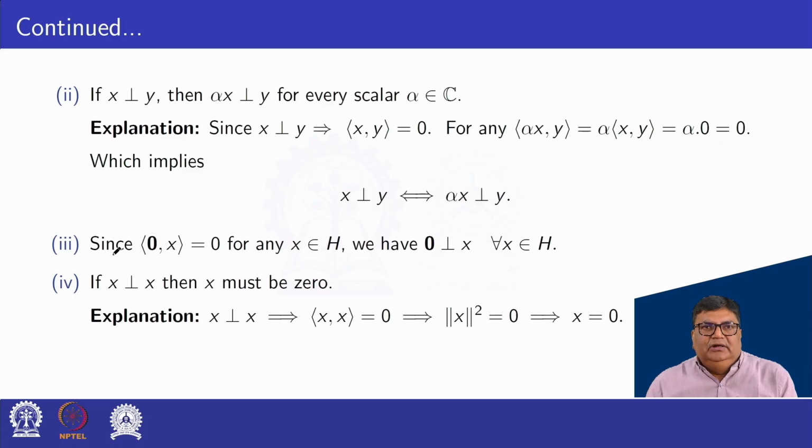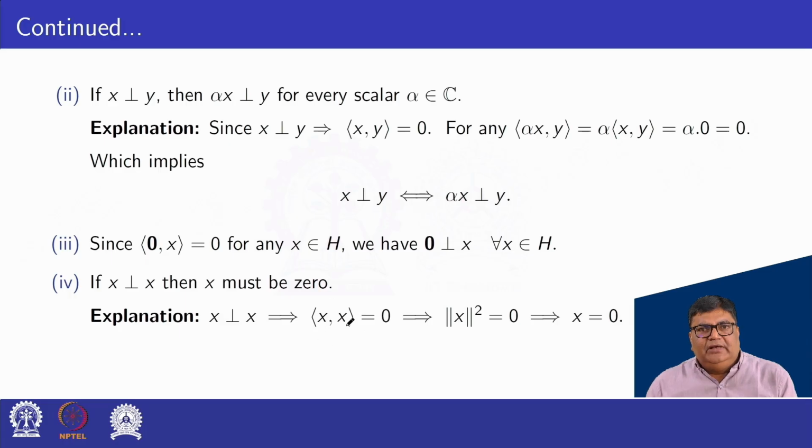Third, since the inner product of 0, x is equal to 0 for any x belonging to H, we have 0 perpendicular x for all x belonging to H. If x perpendicular x, then x must be 0. Explanation. If x perpendicular x, it means the inner product of x, x is equal to 0.